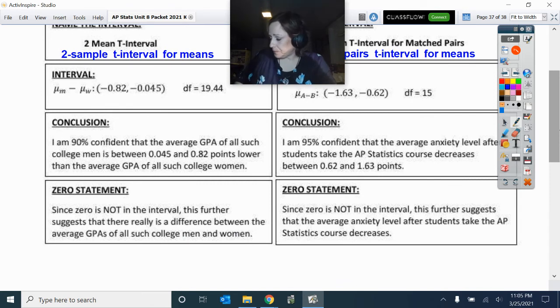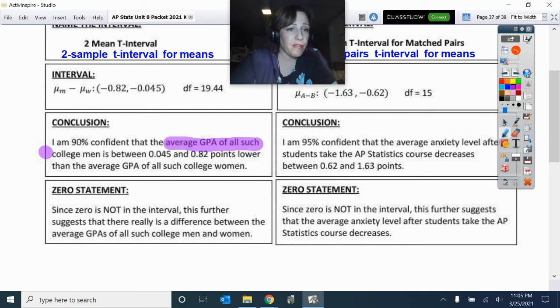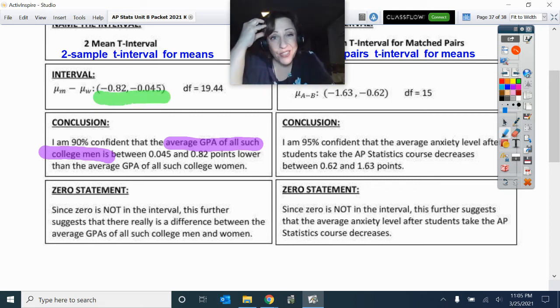So again, we've got this situation where on the left, I am 90% confident that the average GPA of all such college men is between 0.82 and, interesting, because these were negative, that's kind of weird to say negative GPA. So we're not going to do that because in layman's terms, that doesn't make sense.